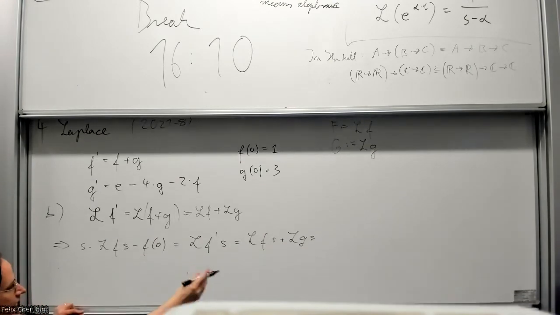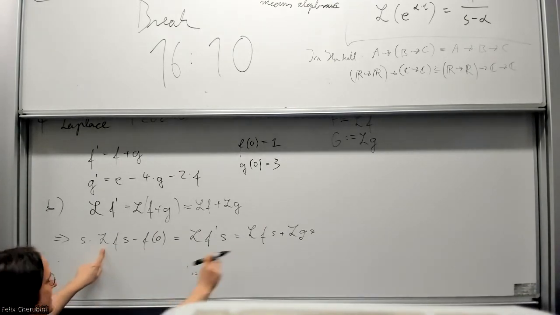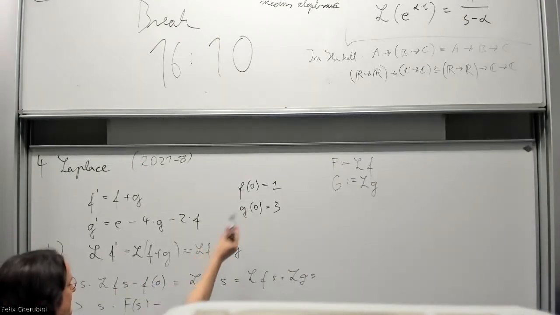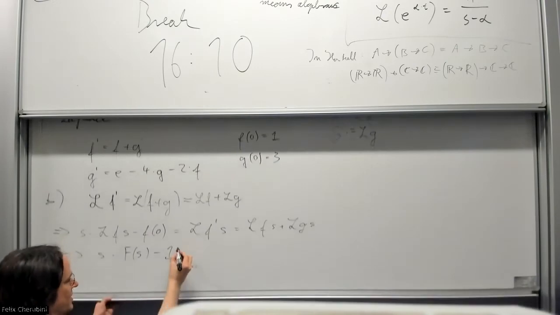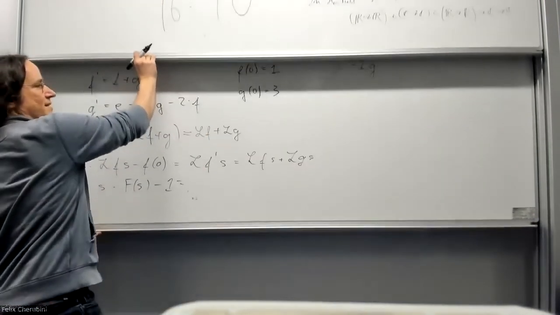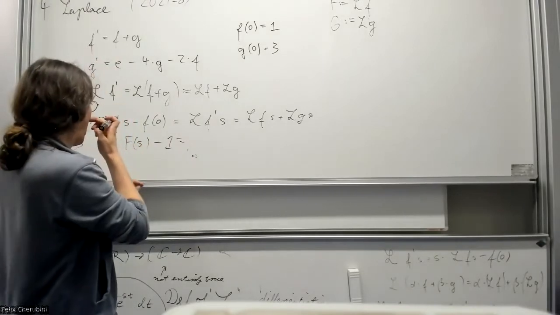Now I can abbreviate, because now I only have LF and LG. So I have s times F of s minus, I can plug that value in, so that's just 1.